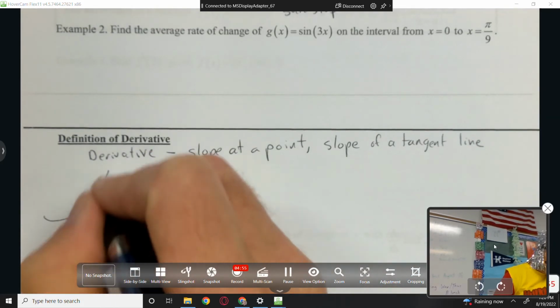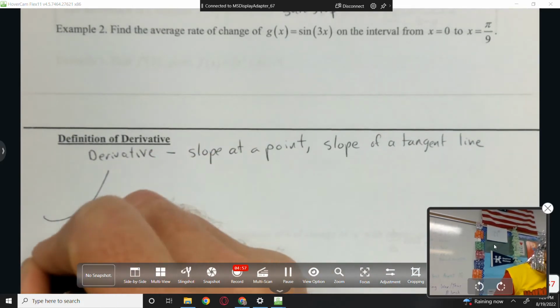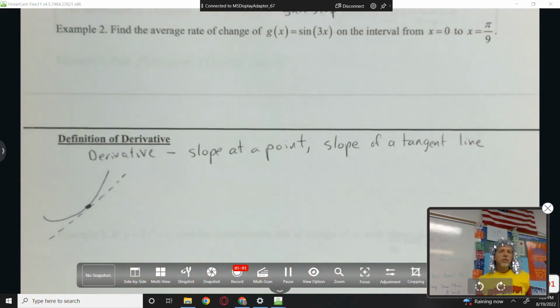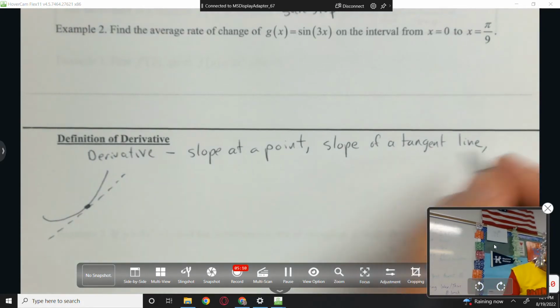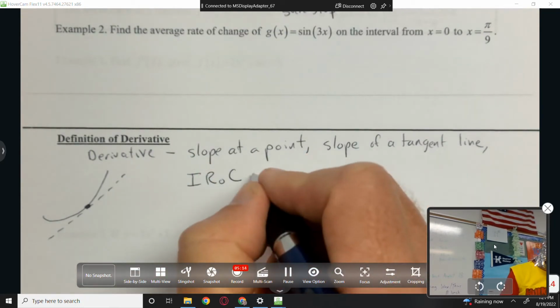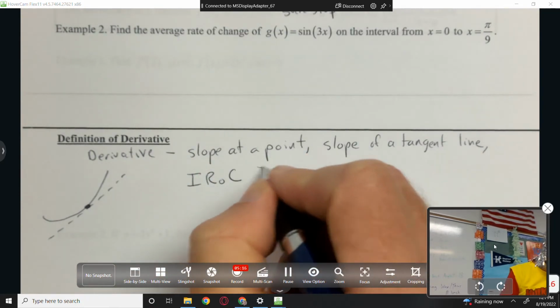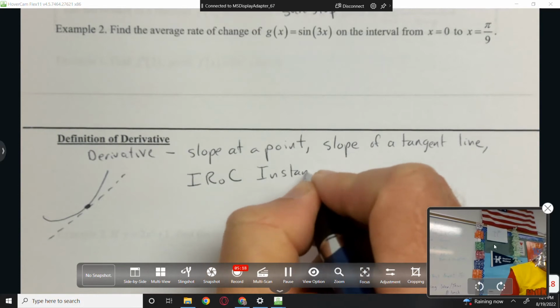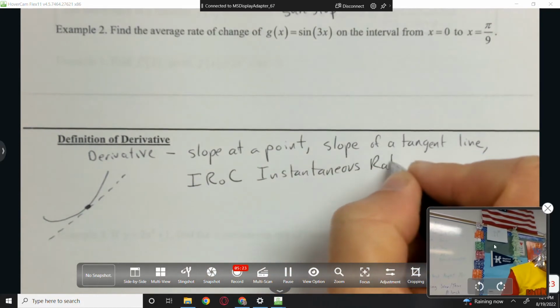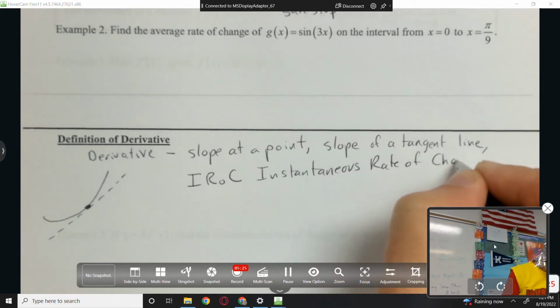Let's just put so there's a tangent line. The slope of that tangent line is the same thing as the derivative at that point. Another name for it is the instantaneous rate of change.